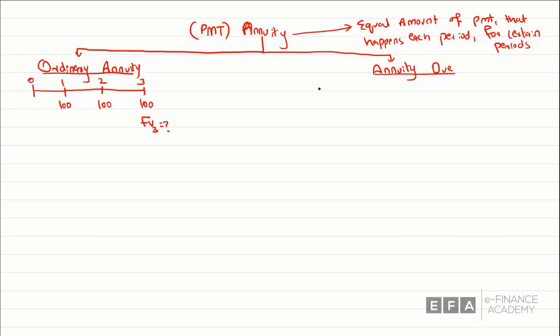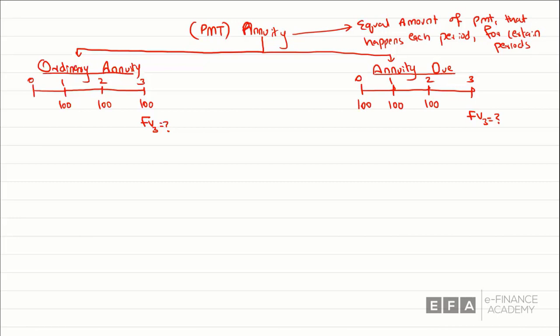The same goes here with annuity due. Here's what you're looking to answer, and you can spot the difference now once I actually show it to you. 0, 1, 2, 3. Let's say I'm going to receive $100 starting today for a total of 3 payments. So I'm going to receive 100, and then 100, and then 100, and I want to see how much this is all worth by the end of 3rd year.